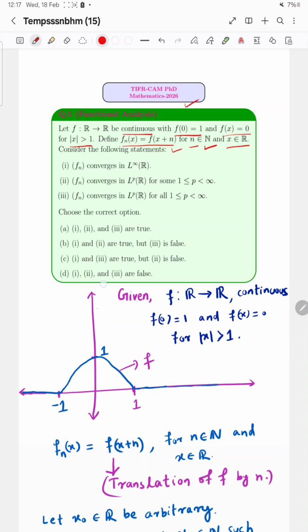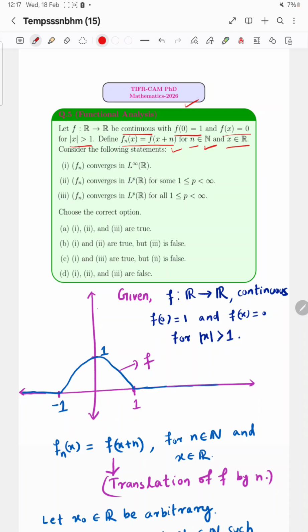Then we have to verify three things: whether f_n converges in L infinity of R, whether f_n converges in L^p(R) for some p in [1, infinity), and the third option says that f_n converges in L^p(R) for all 1 ≤ p < infinity.